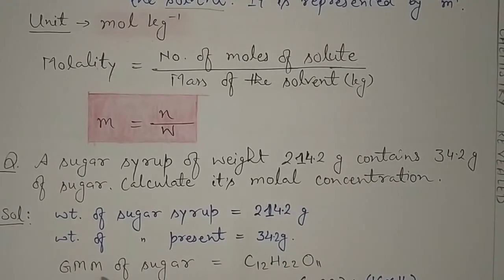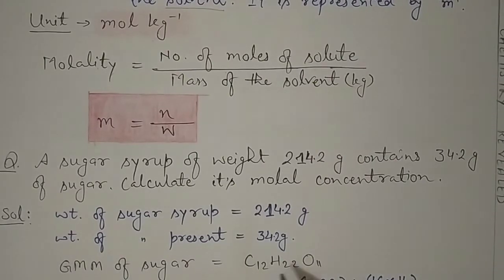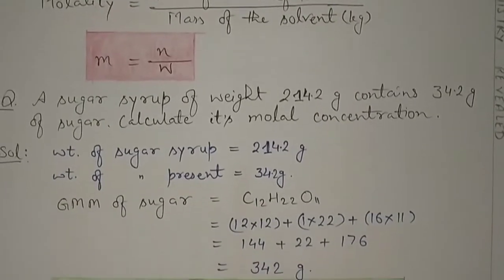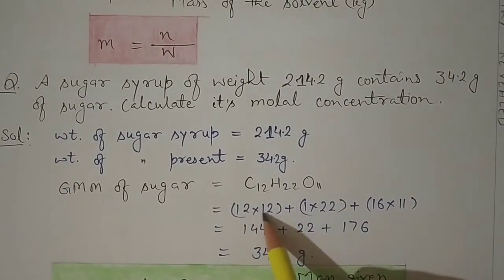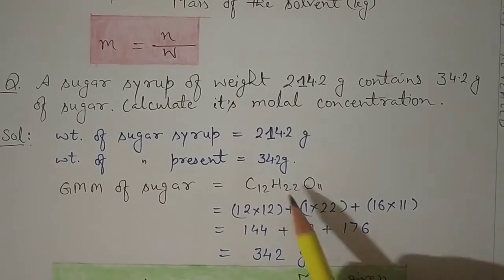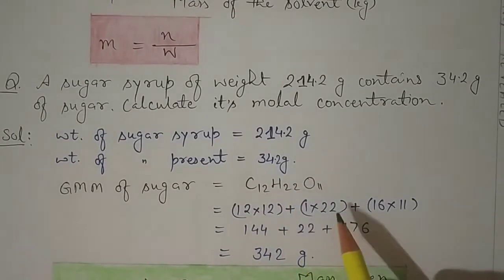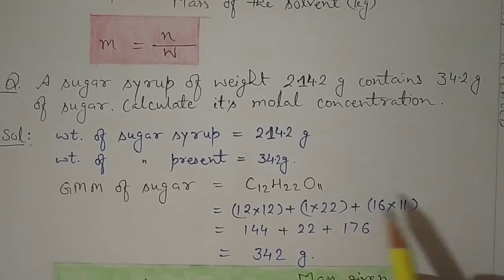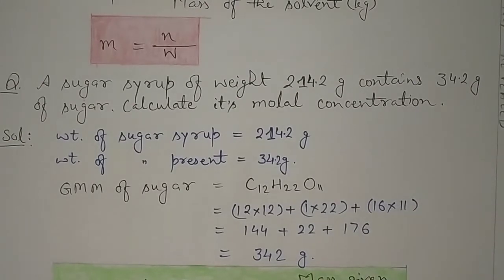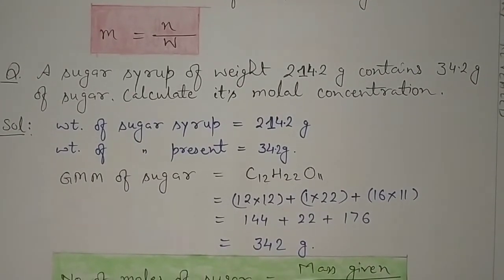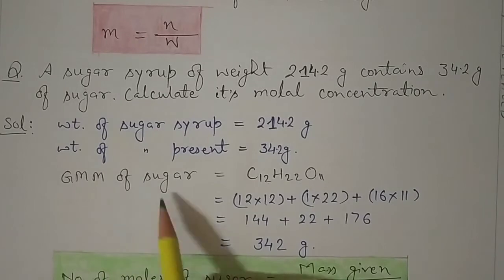So the gram molecular mass of sugar: the formula of sugar is C12H22O11. Putting in these values, carbon atomic mass is 12, so 12 into 12, plus hydrogen atomic mass, we take 1, that is 1 into 22, and oxygen is 16 into 11. The total gram molecular mass is coming 342 gram. Why have we calculated gram molecular mass?